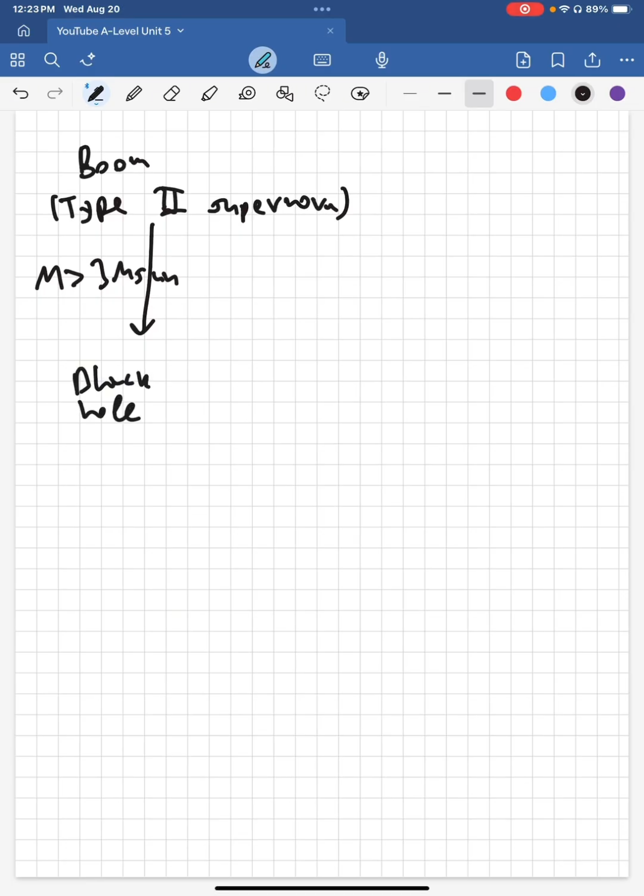Okay, if the mass of whatever is left is less than 3 times the mass of the sun, it becomes a neutron star. Okay, so they go off in a massive explosion. And this supernova happens within a second, if I recall. So these stars, the giant stars, are kind of more interesting that way.